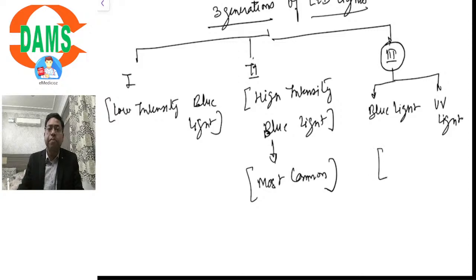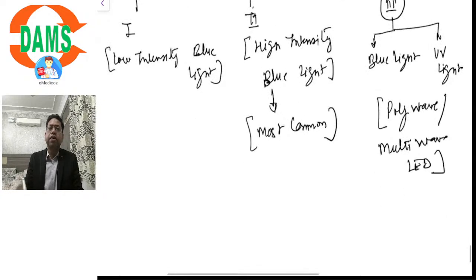Because they emit not only the blue, but some UV light also, they are called polywave or multi-wave LEDs. Okay. They are emitting more than one color of light. And what is the need of ultraviolet light?